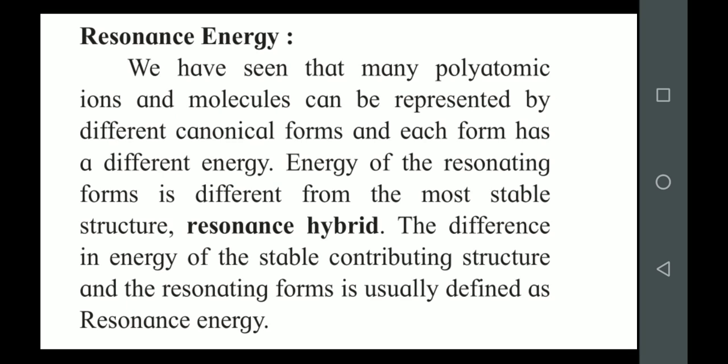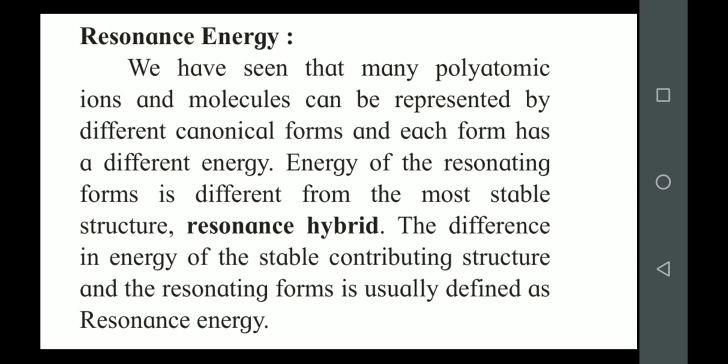Now the energy of the resonating forms is different from the most stable structure, that is the resonance hybrid. It means the canonical forms of the different resonance structures will have different energies, and their energy would be higher than the energy of the last structure, the resonance hybrid, which tries to exhibit most of the properties of that molecule.